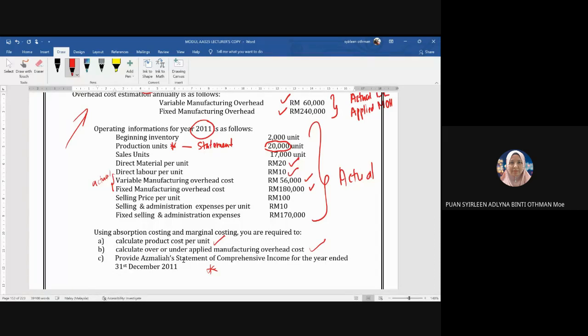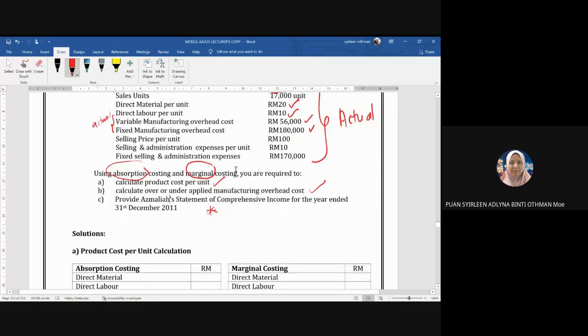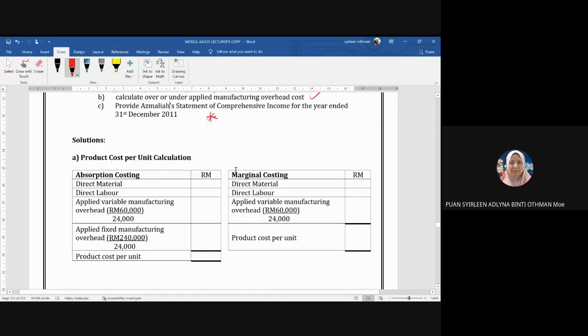Okay, so we are going to provide Azmaliah statement of comprehensive income for the year ended. Okay, kalau awak nampak dekat sini, we are supposed to prepare dua, which is absorption and marginal. Okay, alright. So now, kita kira dulu cost se-unit. Buat table.